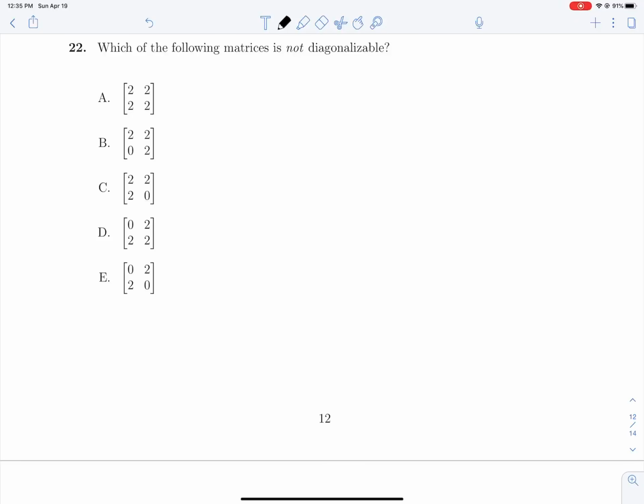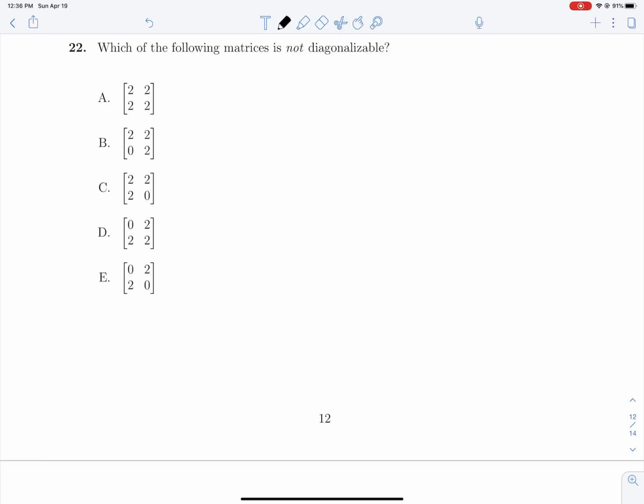So what we're looking for is really a repeated eigenvalue, an eigenvalue with a multiplicity of 2, that when we plug it into our A minus lambda I, we get only one eigenvector. Because remember, a matrix is diagonalizable if its number of eigenvectors is equal to the dimension of the matrix.